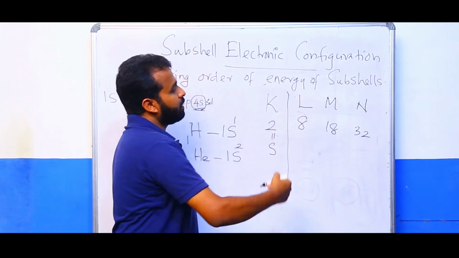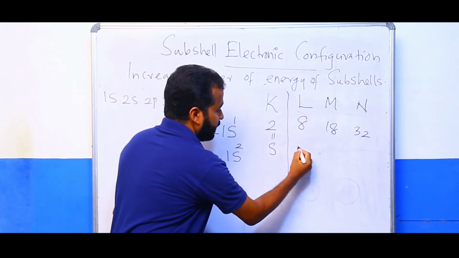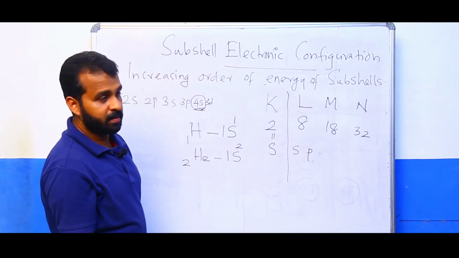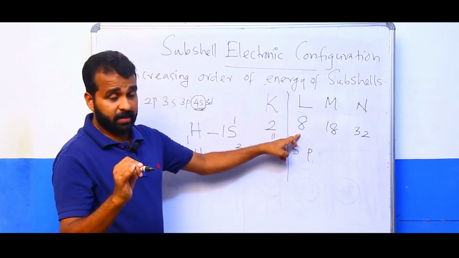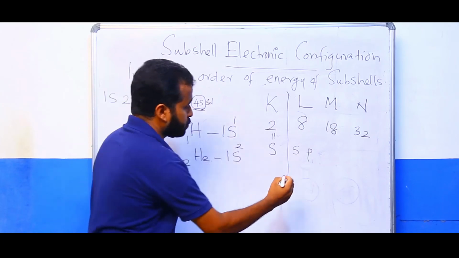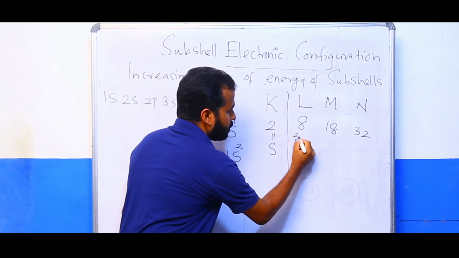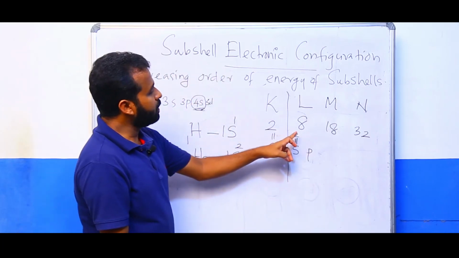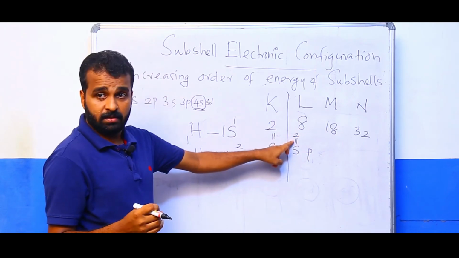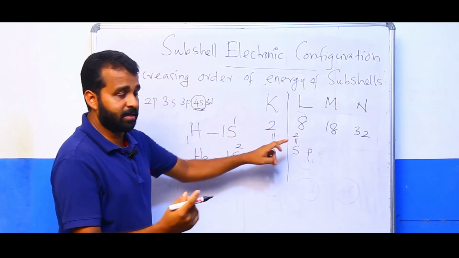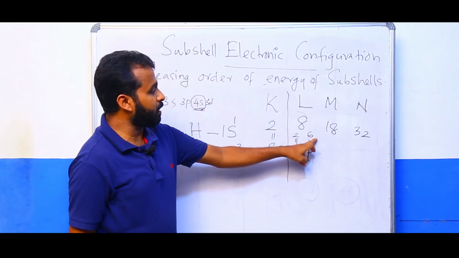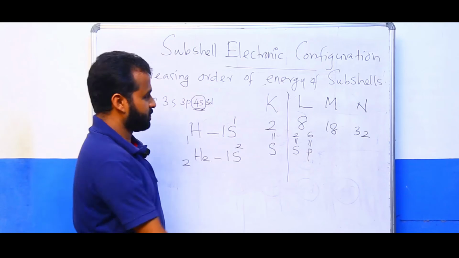The L shell has 2 subshells, s and p. The L shell has 8 electrons. s can accommodate a maximum of 2 electrons, so of the 8 electrons, 2 are in the s subshell and the remaining 6 are in the p subshell. That means p can accommodate a maximum of 6 electrons.